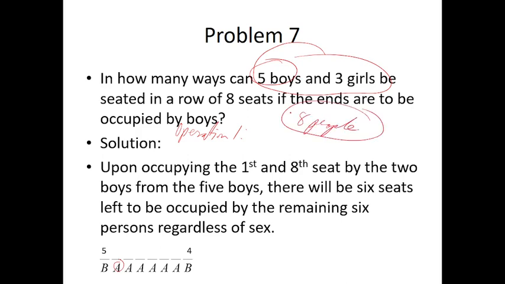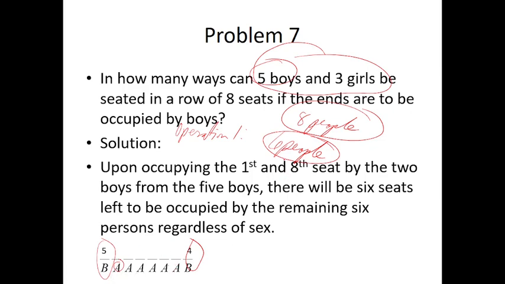And from the 8 people, there are already occupied slots, the 2 slots, the first and the eighth. The first and the eighth seat were already occupied. Therefore, there are 6 people left that can occupy any of the 6 seats, the second to the seventh seat.